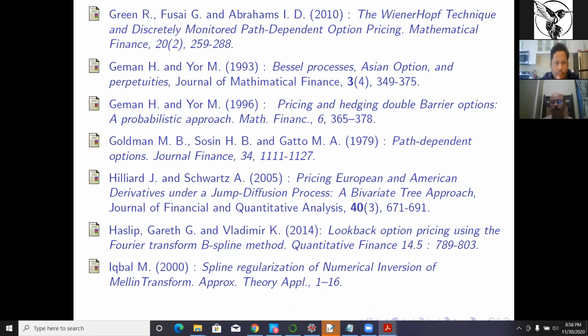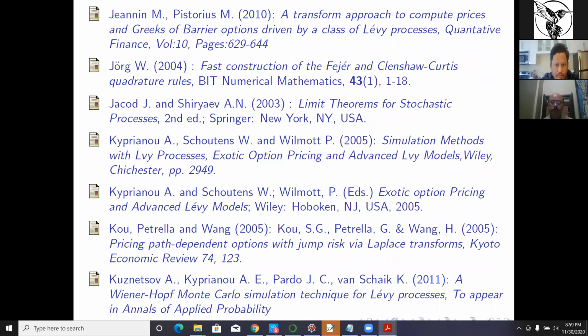Okay, apart from this, this is also another interesting paper by Cariboni and Schoutens, on exotic pricing and advanced Levy models.